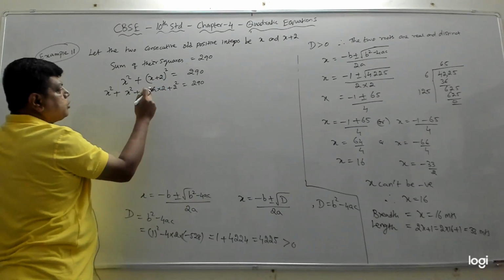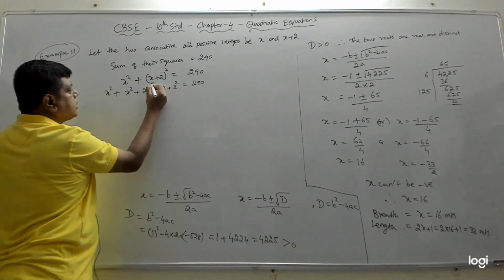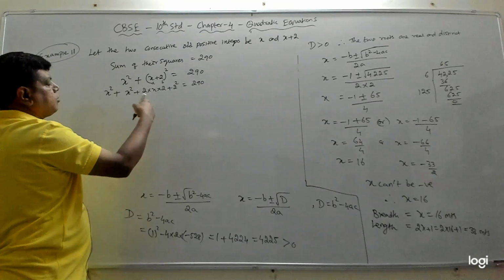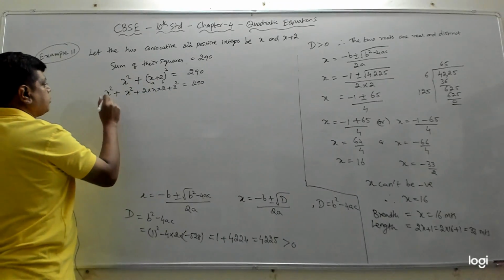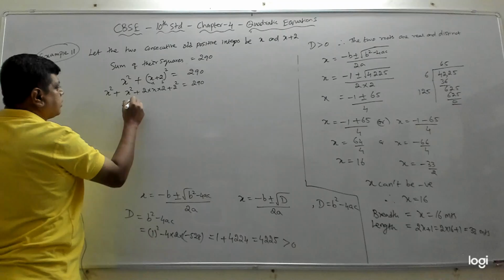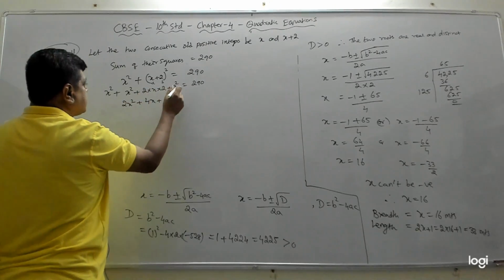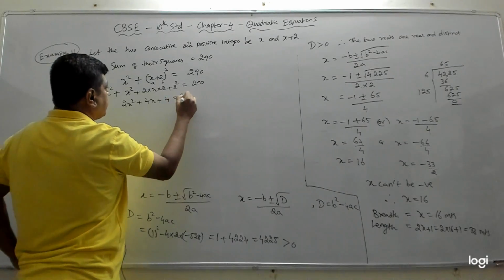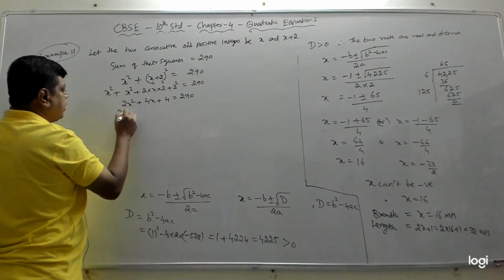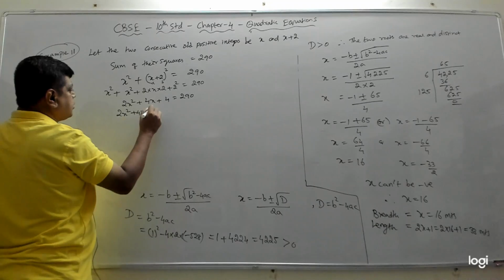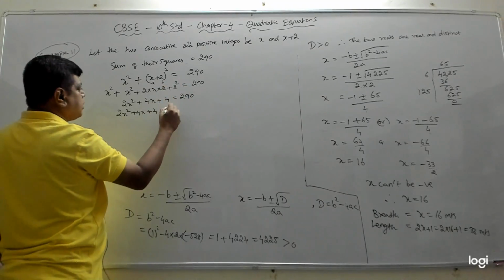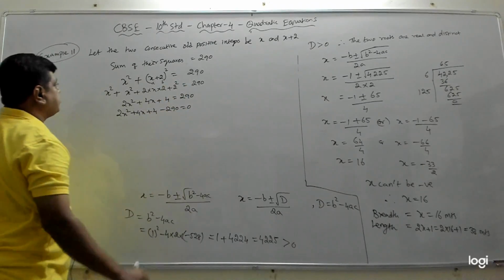A square plus 2 into a, which is x, into b, which is 2, plus b square. So x square plus x square is 2x square plus 2 into 2, 4x, plus 2 square is 4, equal to 290. So 2x square plus 4x plus 4, 290 comes here, it becomes minus 290 equal to 0.